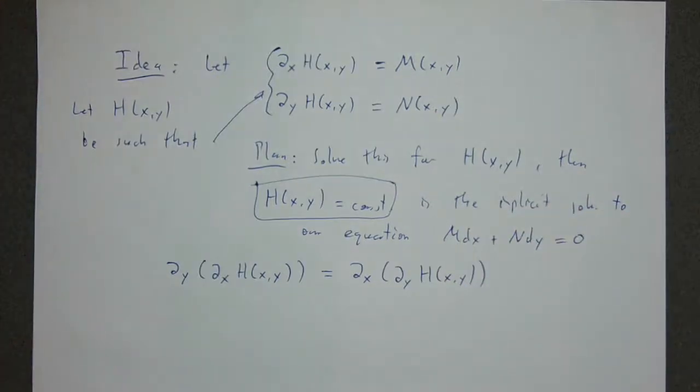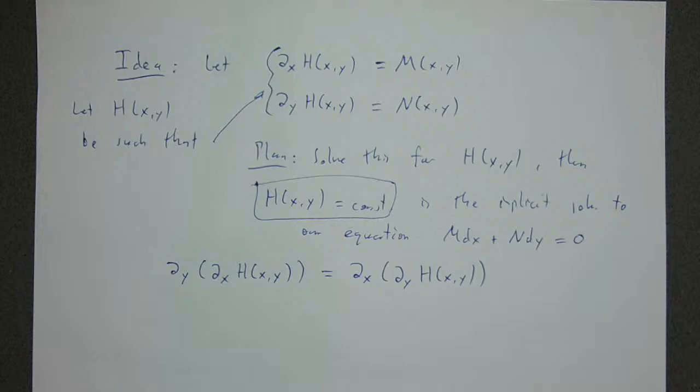When you first were introduced to partial derivatives in Calc 3, one of the first general properties that you talk about is the fact that it doesn't matter in what order you differentiate this thing, so long as the function is nice enough. Nice enough here just means it's continuously differentiable. So it needs to be continuously differentiable.